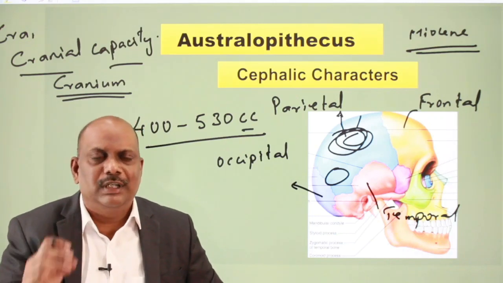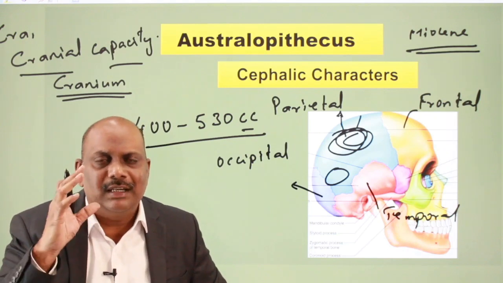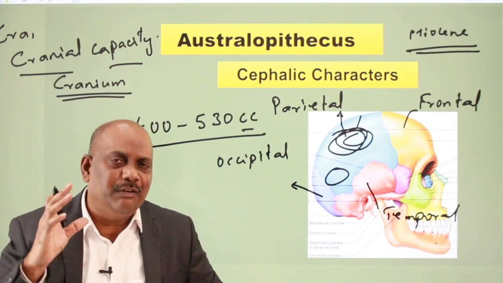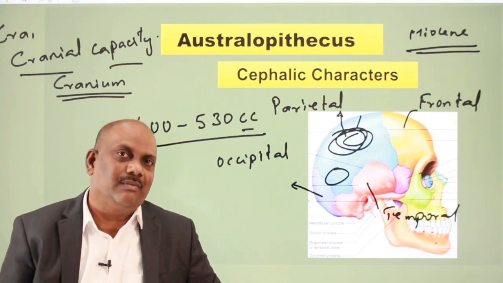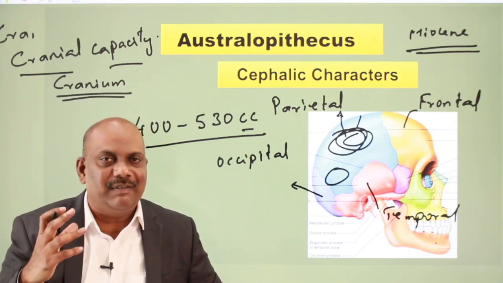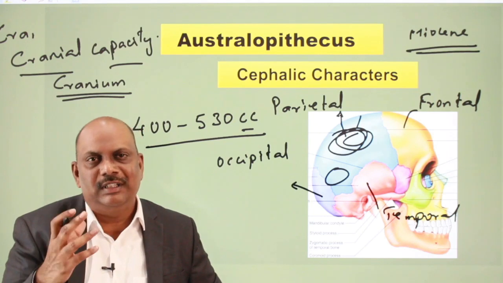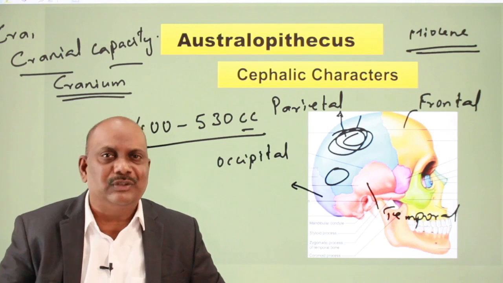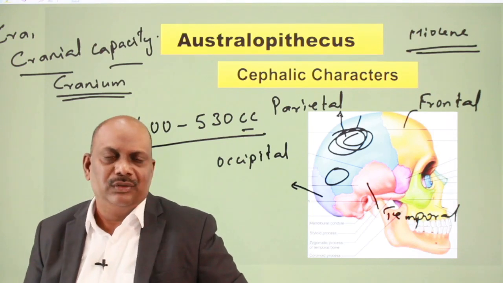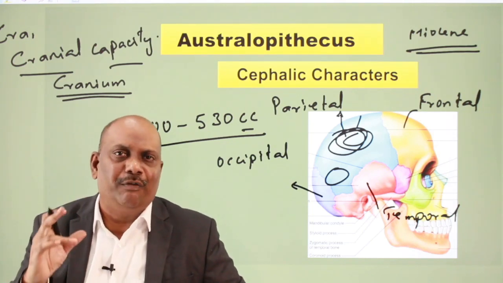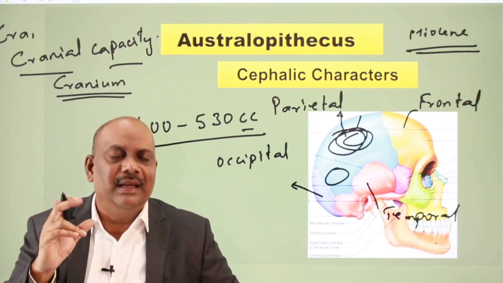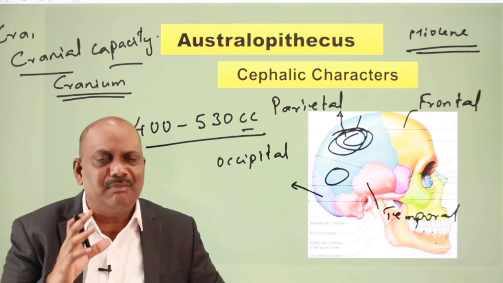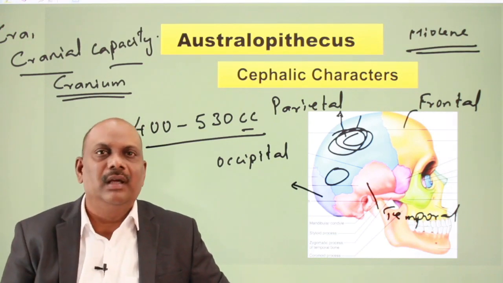So there is an enlargement of the brain of Australopithecus, largely found in the parietal region, where we have the cerebrum. These regions are associated with sound production. So the development of the brain in this region suggests that Australopithecus might have had some sort of verbal communication, to speak and to communicate.